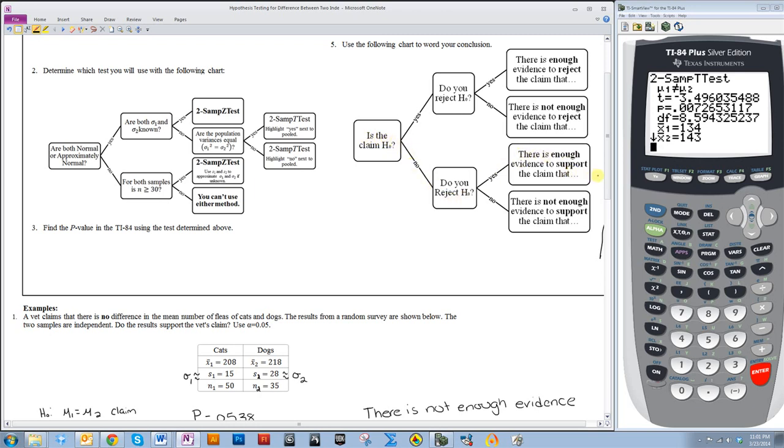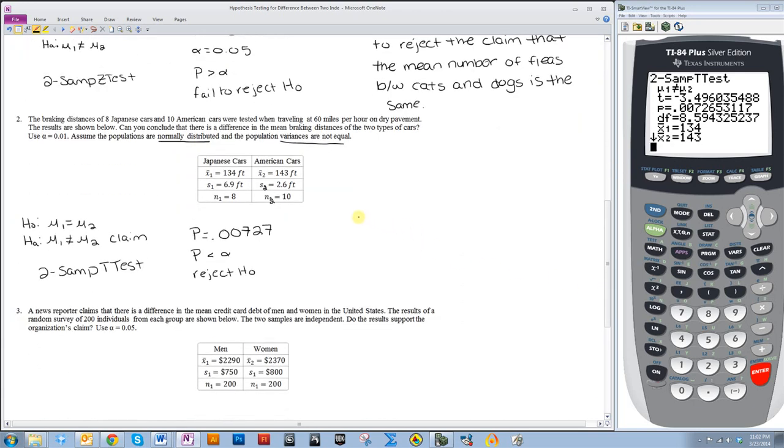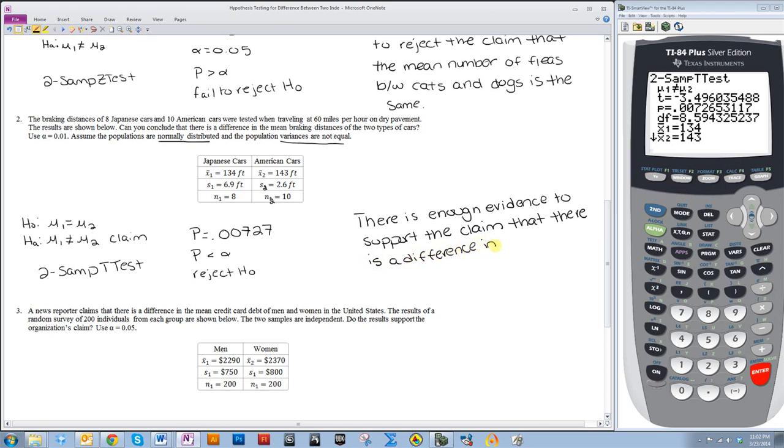So we say there is enough evidence to support the claim, and see that there is a difference in the braking distance for the two types of cars.